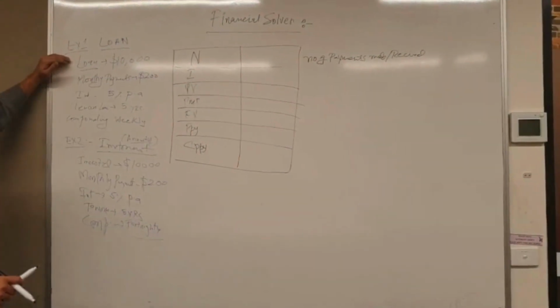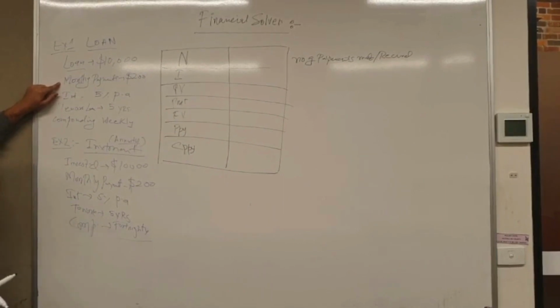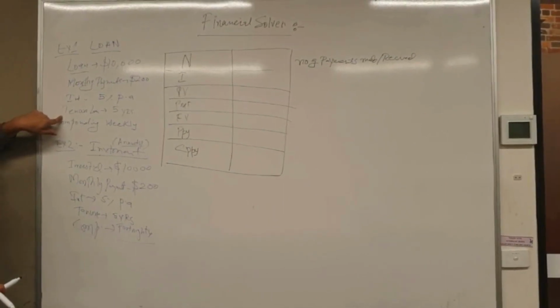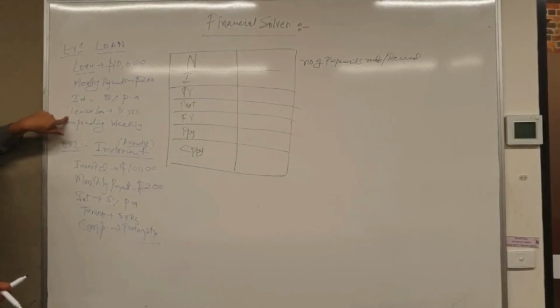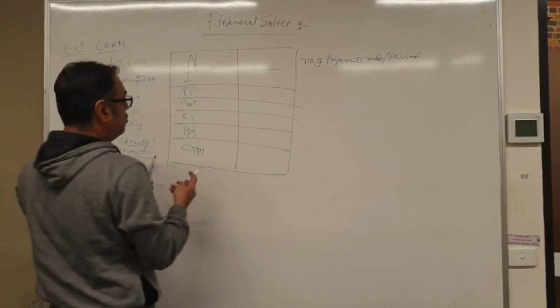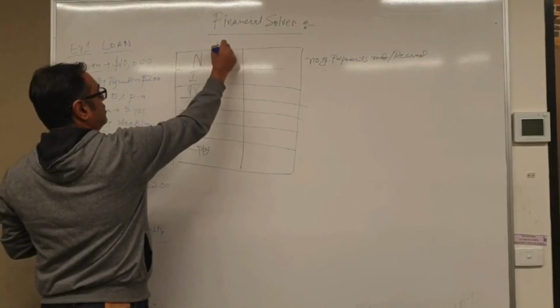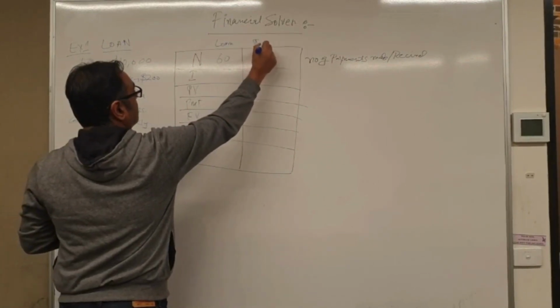In the case of the loan, this person is making monthly payments and the tenure is 5 years. So how many payments are involved? 12 times 5, 60 payments, right, Ethan? So your loan has 60 payments. This is loan, and this is annuity.